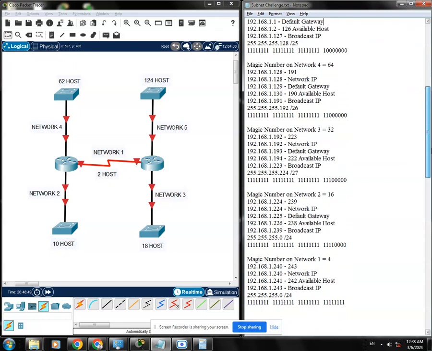I'm going to change this to 240. Is it still slash 24? The answer is no. So we need to count from the left: 8, 16, 24, 25, 26, 27, 28. So it will then be slash 28.